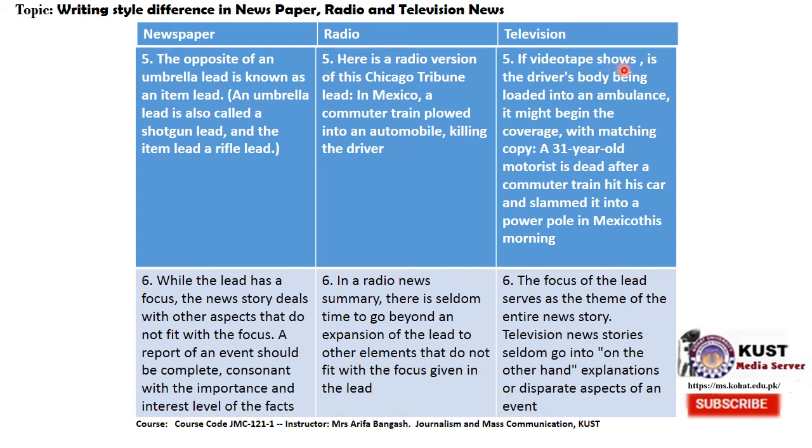If video footage or videotape shows the driver's body being loaded into an ambulance, it might begin the coverage with a matching copy. For example, a 31-year-old motorist is dead after a commuter train hit his car and slammed into a power pole this morning.